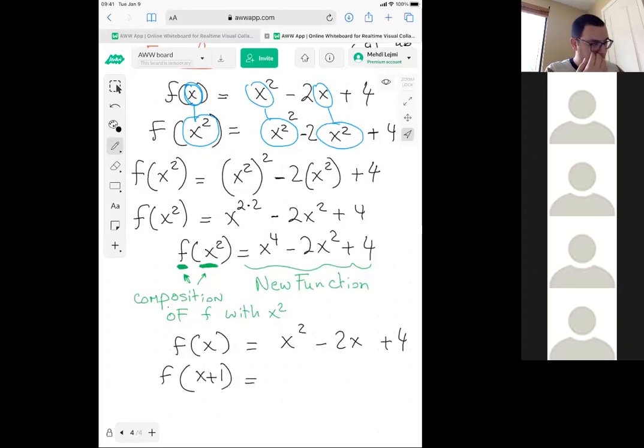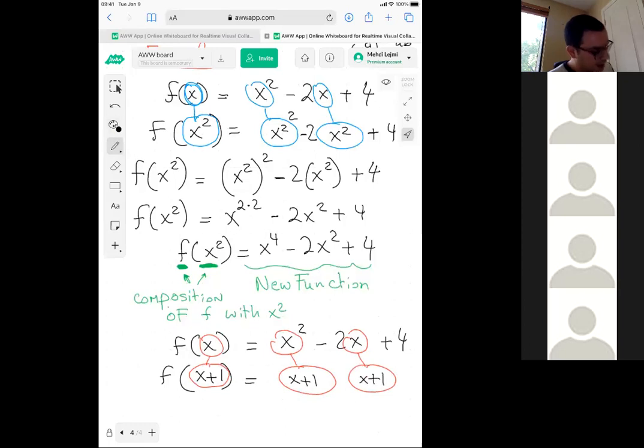The idea is the same, of course. The x becomes x plus 1. So this x here should now be x plus 1, and the same for this x. So here I have x plus 1, and here x plus 1, and the rest is the same: x plus 1 squared, minus 2 times x plus 1, then plus 4.